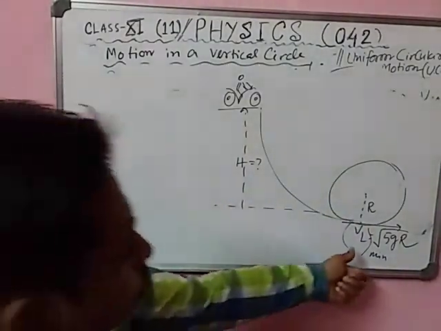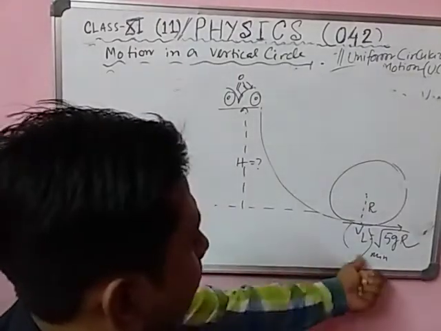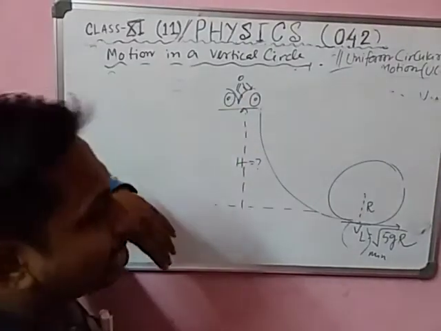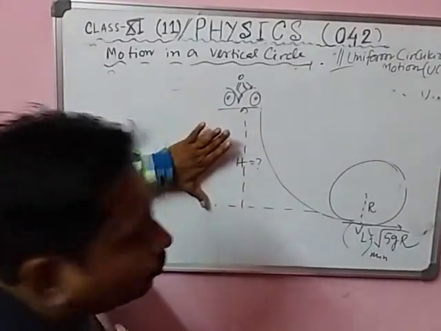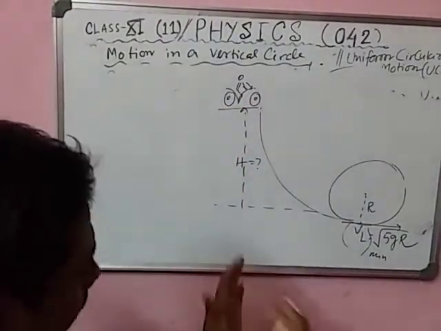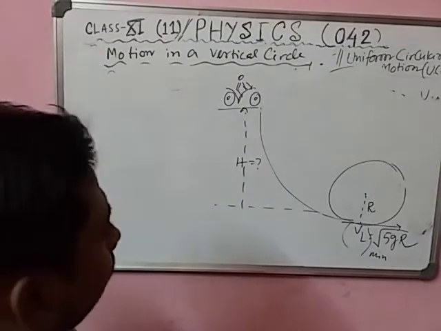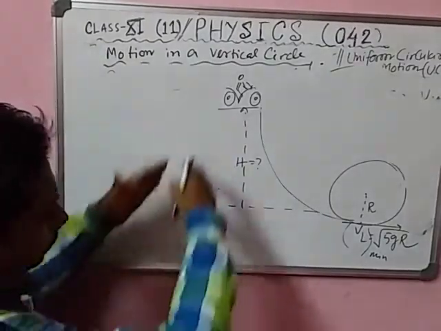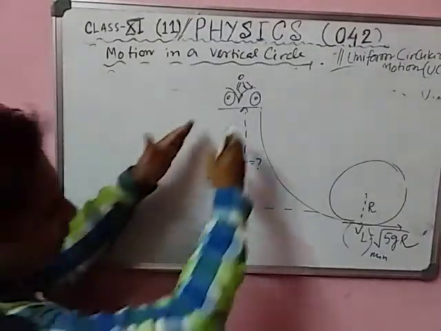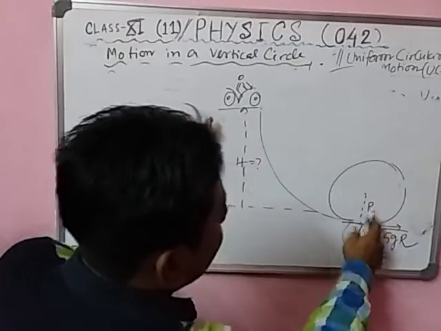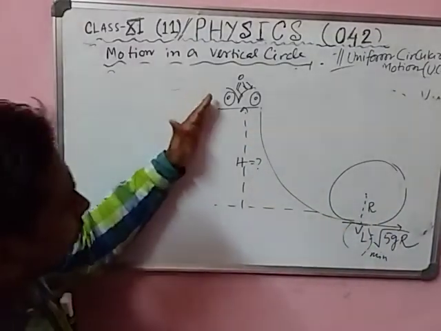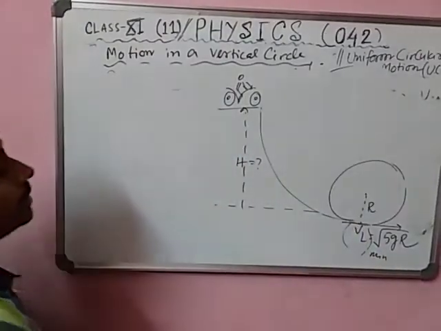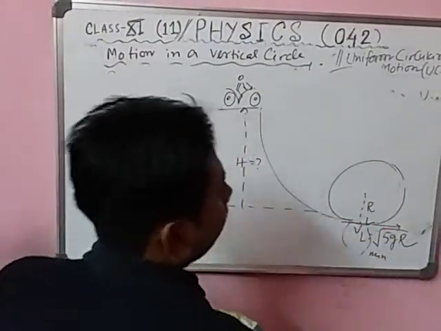So to form VL, the bike rider needs to maintain a height, and you have to find this height according to the question. So the potential energy gained must be equal to the kinetic energy at the lower point. The potential energy of the bike rider must be equal to the kinetic energy of the lower point.